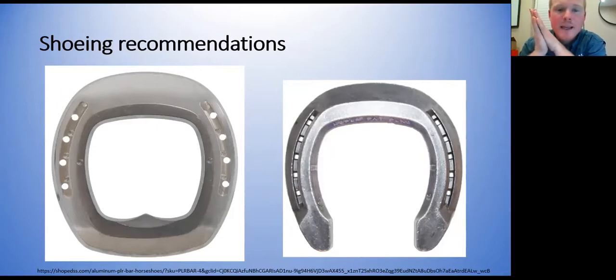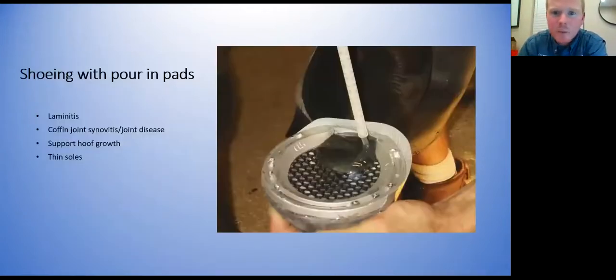And so for me, would you do a bar shoe or would you leave it open heel? And I think that what matters is what's wrong with the horse. And I think there's proper ways of shoeing either one. And so when you take a bar shoe or an open heel shoe on horses, I think if you're able to balance the horse's hoof, I think that's great.